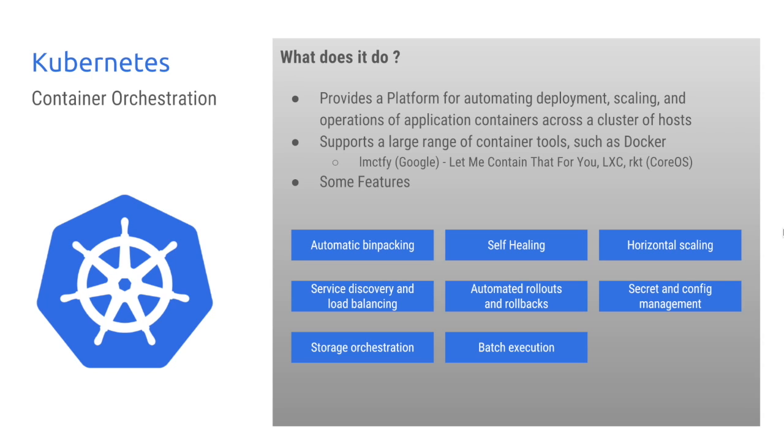You have a choice of whether to use your local storage, or a public cloud provider, Google Cloud, AWS, or some type of network storage system. There are extensions and plugins for GlusterFS, I think Ceph as well, and of course NFS.